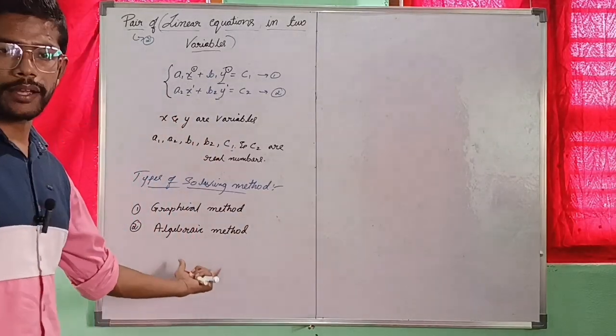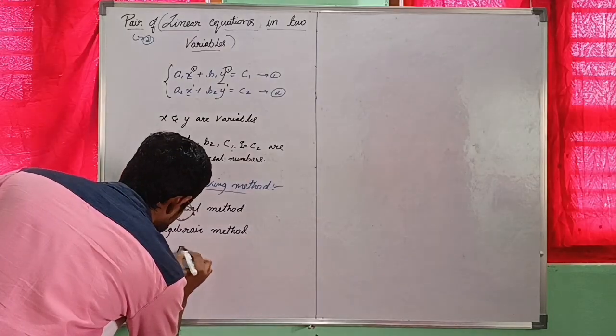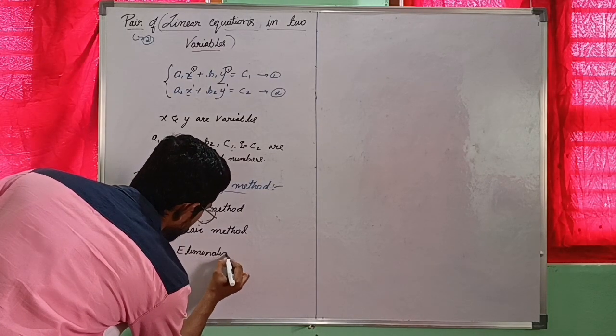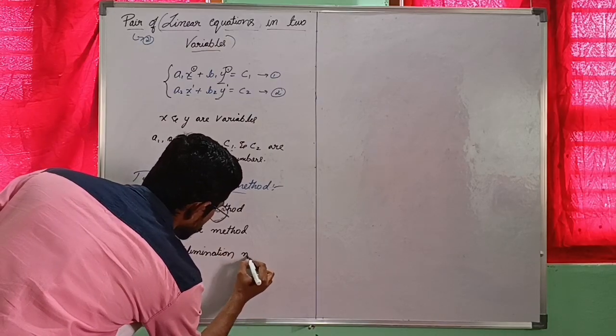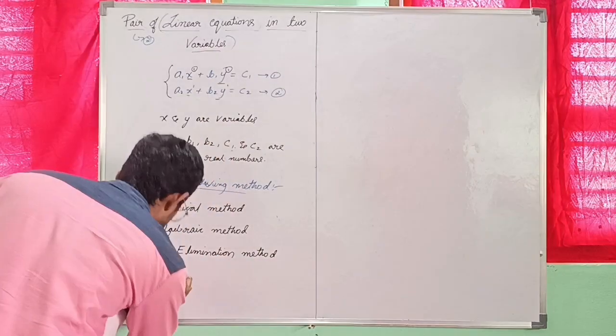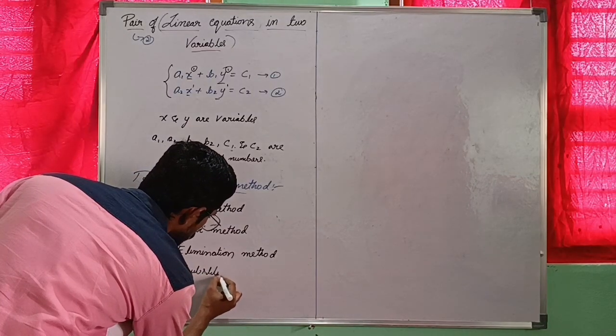In this algebraic method, there are two types. The first one is elimination method and the second one is substitution method.